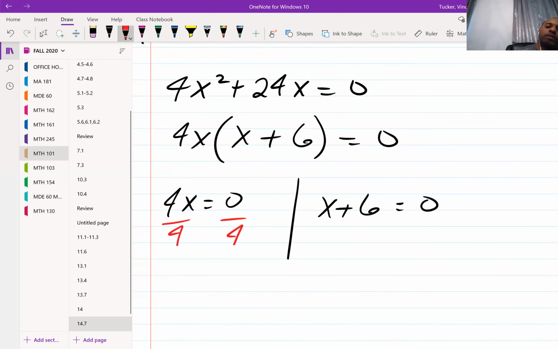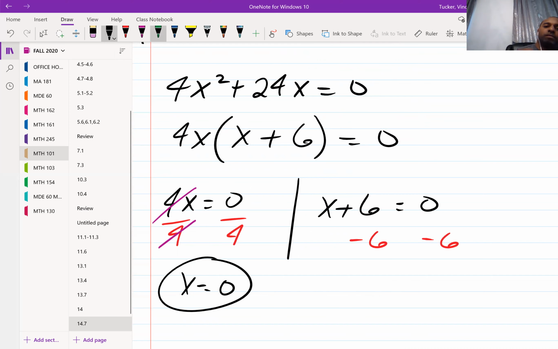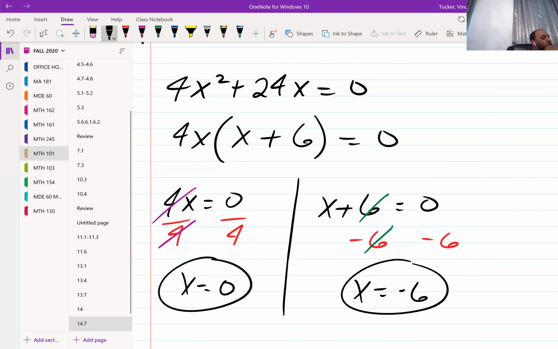Divide by 4. Here we'll subtract 6. And those will be your two solutions. Any problems?